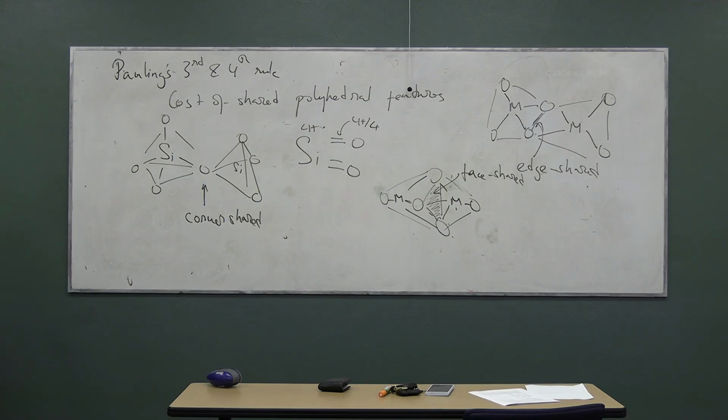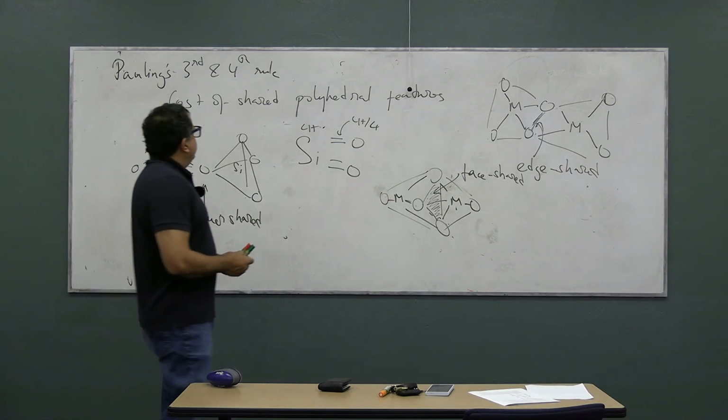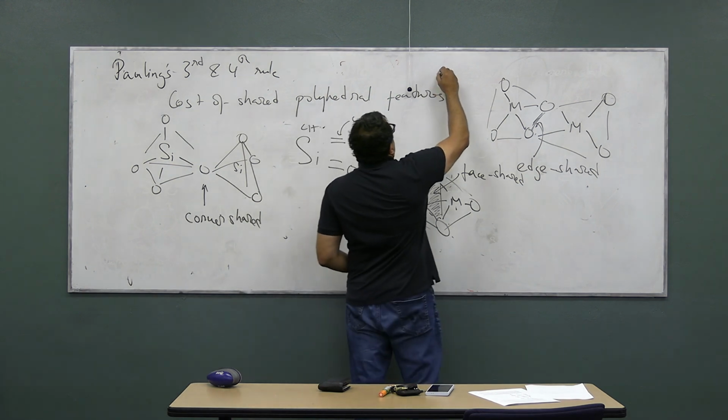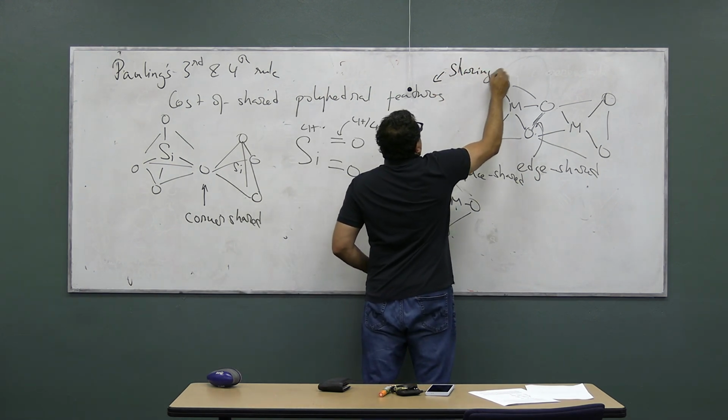What's happening to the M's? Oh, they're getting closer. Do the M's want to do that? No. Okay, that's simple. That's Pauling's third rule, that sharing of features is expensive. Cost of sharing, okay? Sharing is avoided.